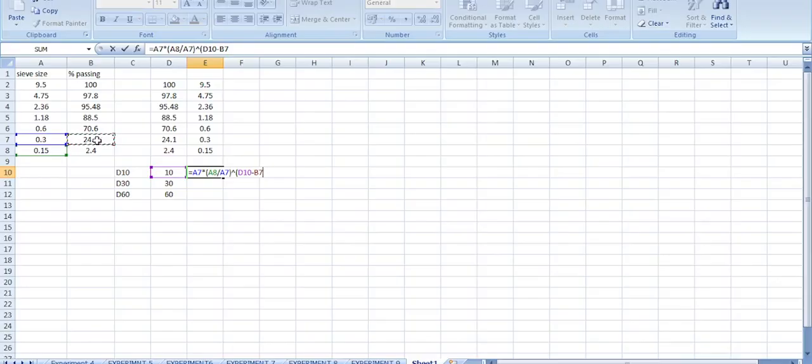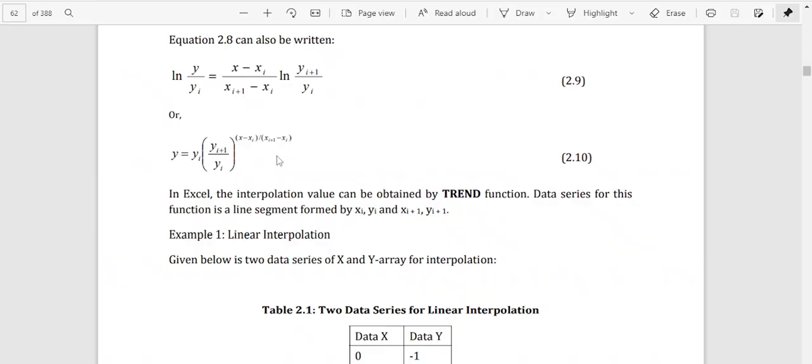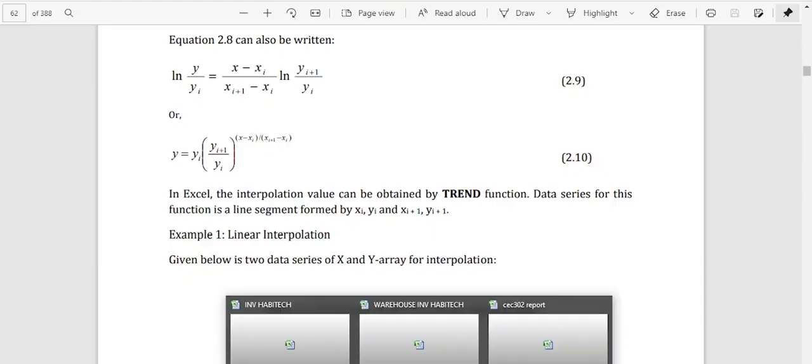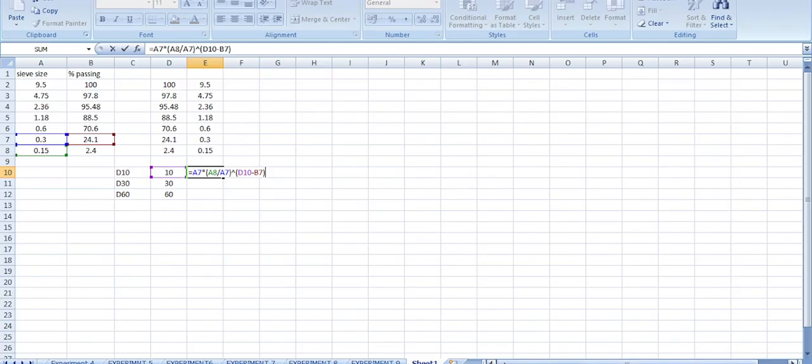Bracket closes, all over si plus 1 minus si.